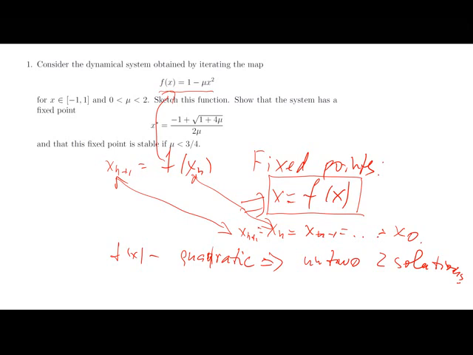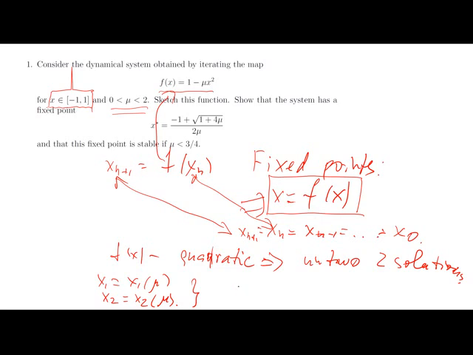And the peculiarity of this problem is that you have 2 roots. You should check that your roots are in this domain for this value of the parameter, because x1 depends on mu, and x2 is some function of mu.